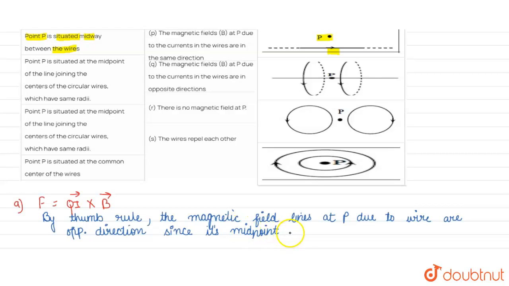So I can write here they are equal and opposite by symmetry. What will happen, guys, is they will cancel each other's effect and hence the resultant will be 0.